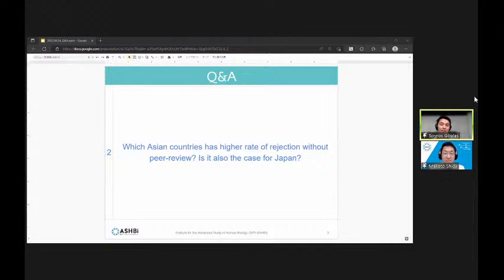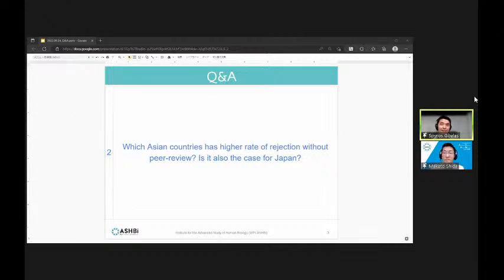But I would say that when you think about countries that submit the most papers, that is perhaps a reflection of papers that might have a higher rejection rate. So I cannot offer a more direct answer, unfortunately, on this topic.